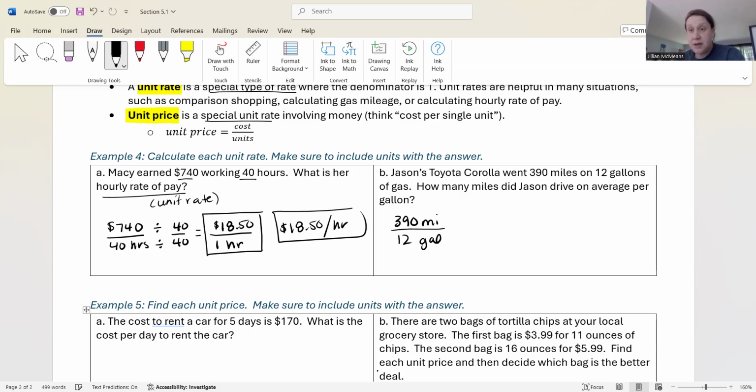Okay, in order to write this as a unit rate, we have to force the denominator to be 1, and the easiest way to force a number to be 1 is to divide it by itself. So we're going to divide the denominator by 12, which means I have to divide the numerator by 12 as well. Well, 12 gallons divided by 12 is just 1 gallon. And then you can use your calculator. We need to figure out what 390 divided by 12 is.